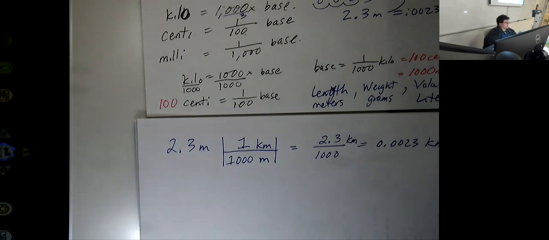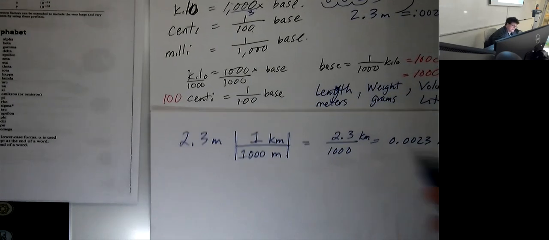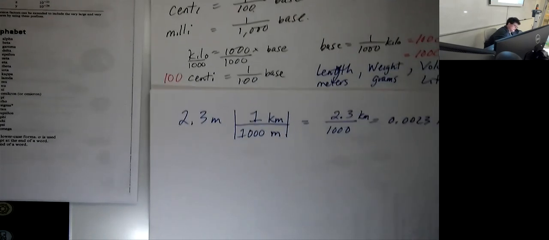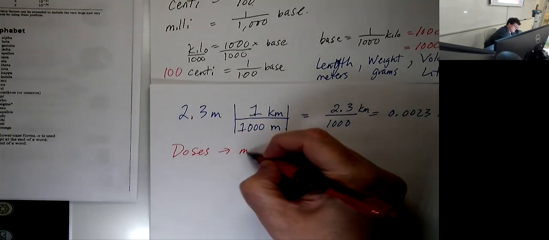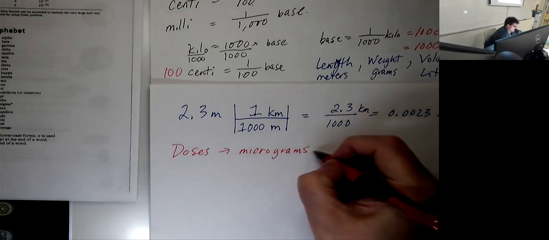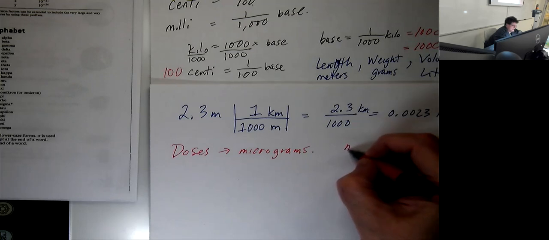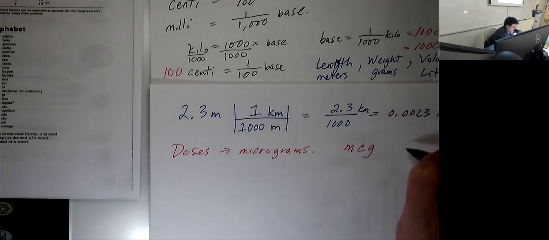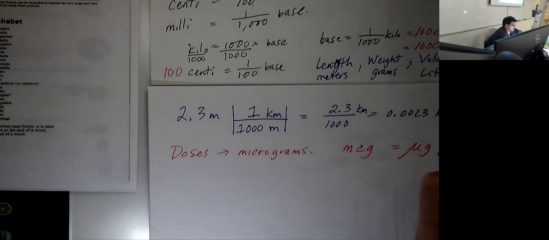Dosages often are in micrograms. Doses in medicines are often in micrograms. And we tend to see it on bottles as mcg. But everywhere else in the world writes it as this. This is called mu. This is the mu symbol.